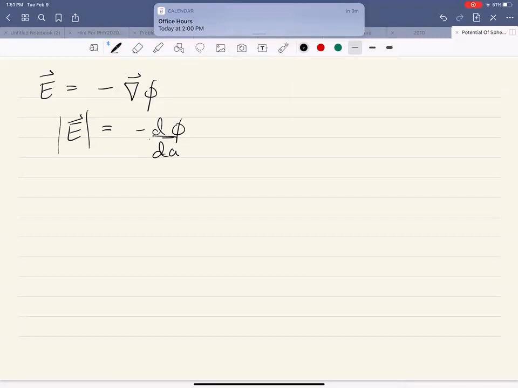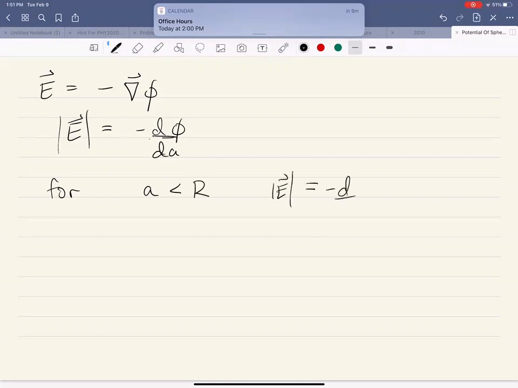So there's no change in the potential as you vary theta or phi. That makes sense because there's a symmetry there. You could always rotate your coordinate axes and then just put the distance from the center of the sphere, no matter what, right?